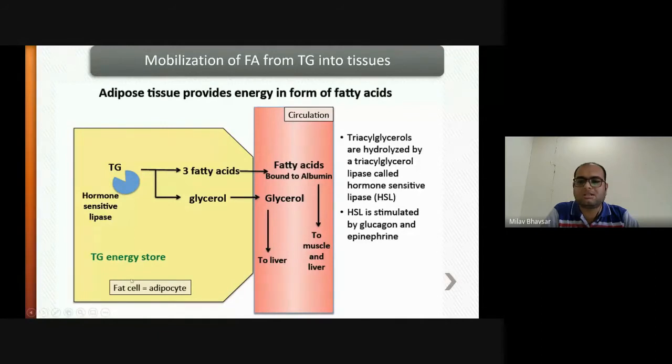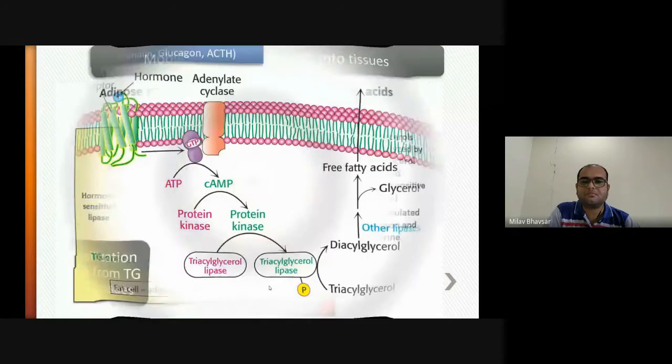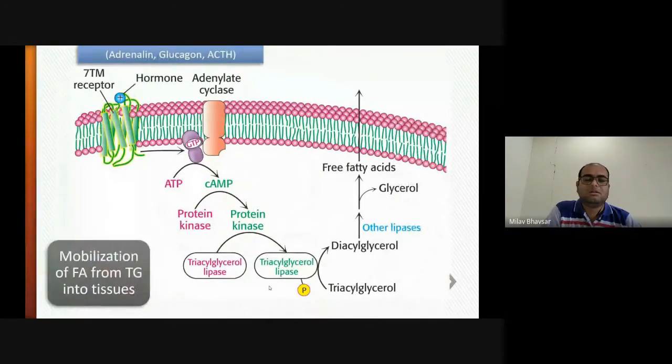This is how we do mobilization. Whatever the store is, basically adipose tissue, it is liberated with the help of hormone sensitive lipase. Once the lipase comes into action in the tissue, fatty acids and glycerol are separated, they come into the circulation, and the fatty acids go into the muscle or liver. The glycerol part goes into the liver. How does this hormone sensitive lipase work?